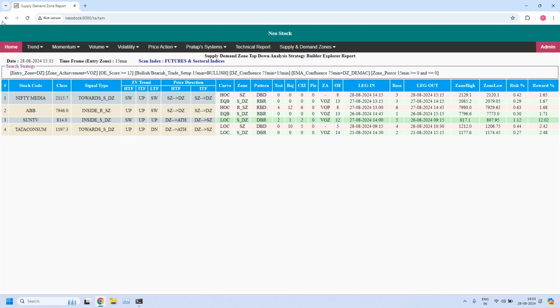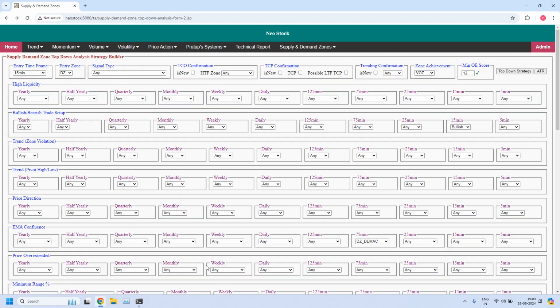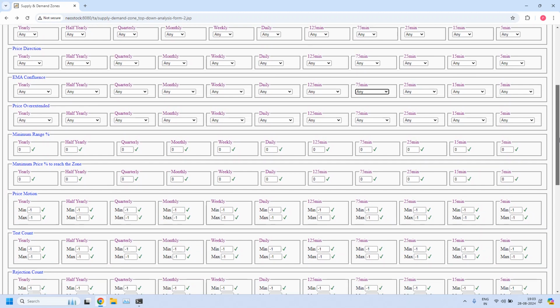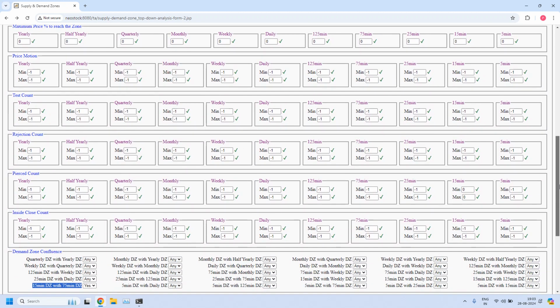Okay, now I am removing this filter, EMA filter. Now we are going to check LTF, ITF, HTF confluence. 15 minutes demand zone with 75 minutes demand zone, and 15 minutes demand zone with daily demand zone is also enabled.